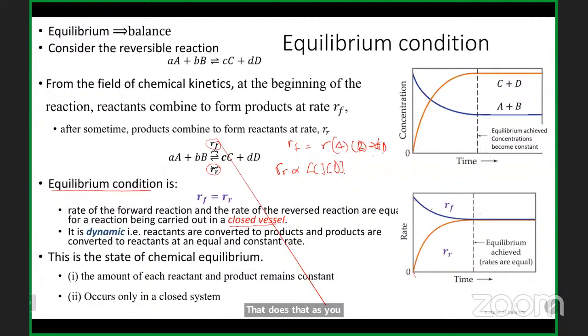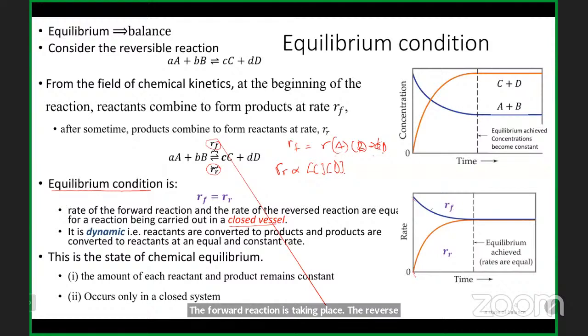So a time appears where RR equals RF, and that's when you say that your system is in equilibrium. So we say that the system is dynamic in the sense that the forward reaction is taking place, the reverse reaction is taking place.